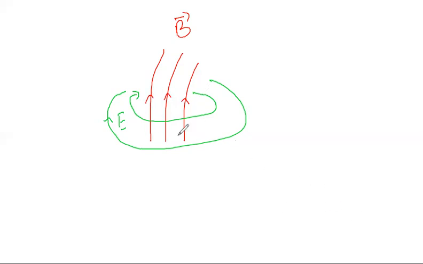To be honest, this is probably the more fundamental of the two because it's expressed directly in terms of relationships between fields, whereas the EMF version gives you a sense that it has something to do with circuits, and although that's how it was discovered, the field version is really more general, I would say.